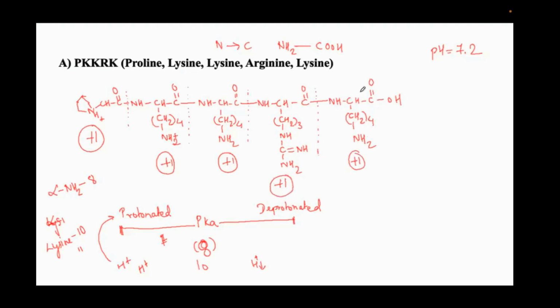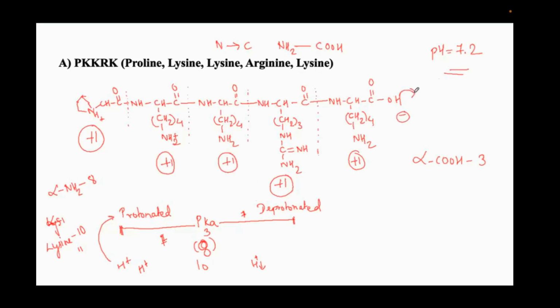And we also need to consider this carboxyl group here. The alpha carboxyl group has a pKa around 3. So if the pKa is 3, at pH 7.2 it will be in the deprotonated region. So this will have a negative charge.